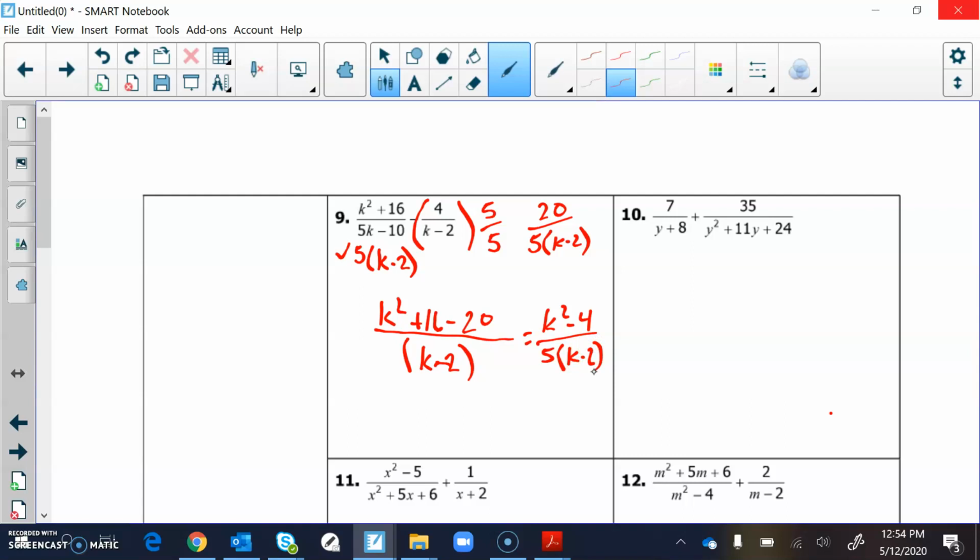And because k squared minus 4 can be factored, we're always trying to factor, always factoring. So k squared minus 4 factors into k plus 2, k minus 2, all over 5 times k minus 2. And those k minus 2's cancel. Predictable. So my answer is k plus 2 over 5.